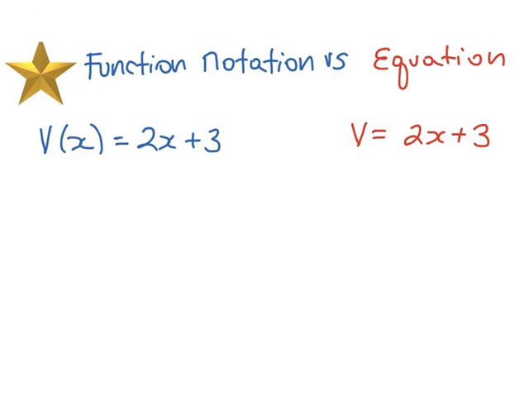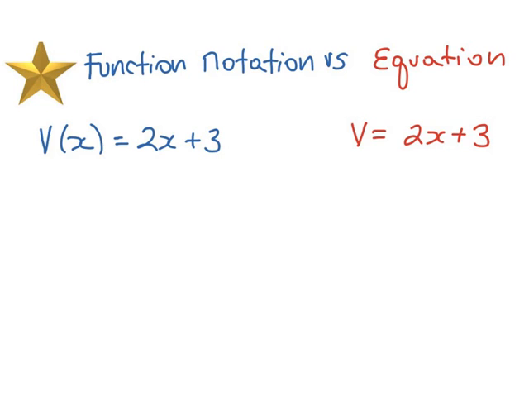Let's take a look at function notation versus equation. What you're used to having is an equation with 2 variables. Now we're going to have a specific function notation which means exactly the same thing.